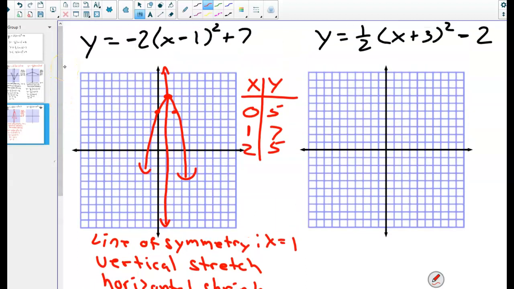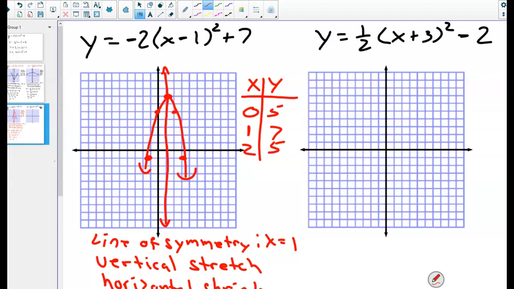Let's say put 3 in. 3 minus 1 is 2. 2 squared is 4. 4 times negative 2 is negative 8. Negative 8 plus 7 is negative 1. So right here is where 3, negative 1 is. I also should end up like right there. You can put extra points in if you want. Okay? But ultimately, you need a curved line.